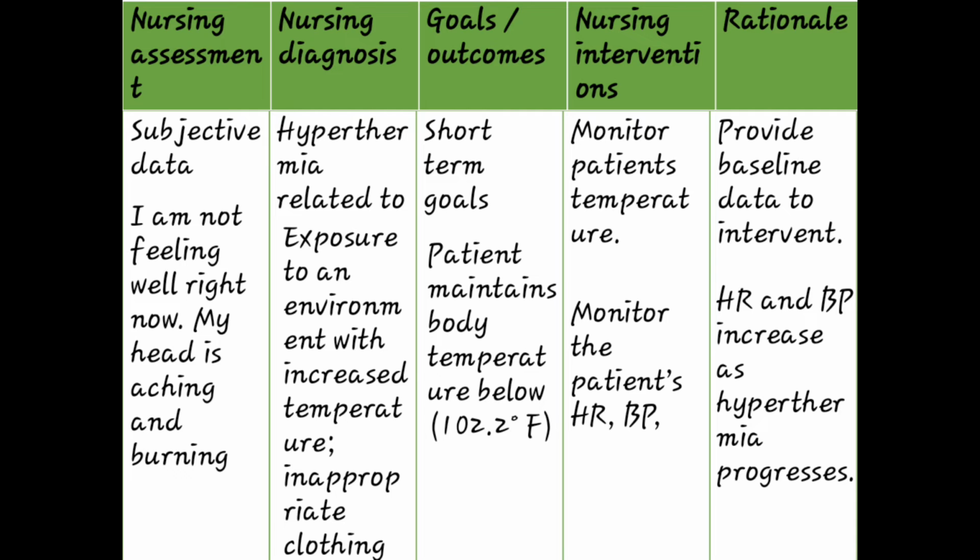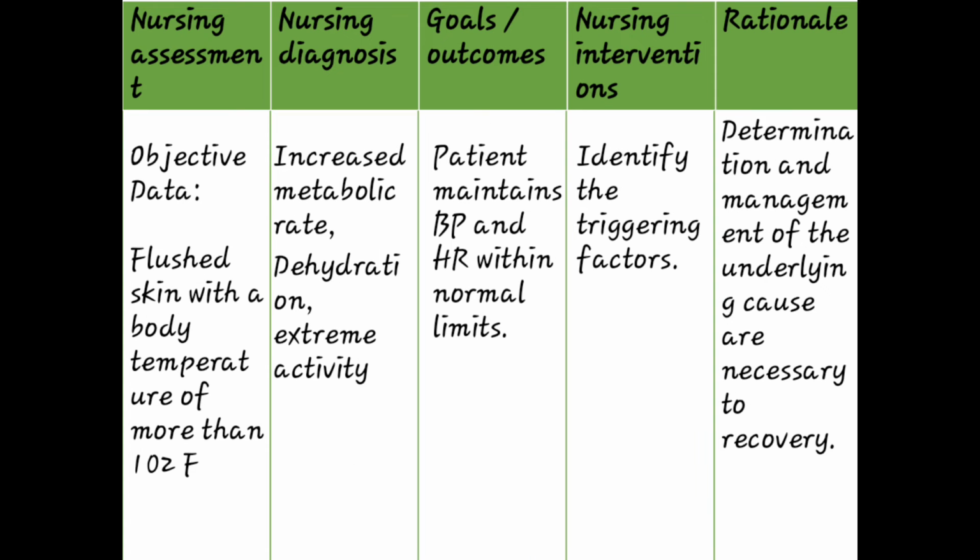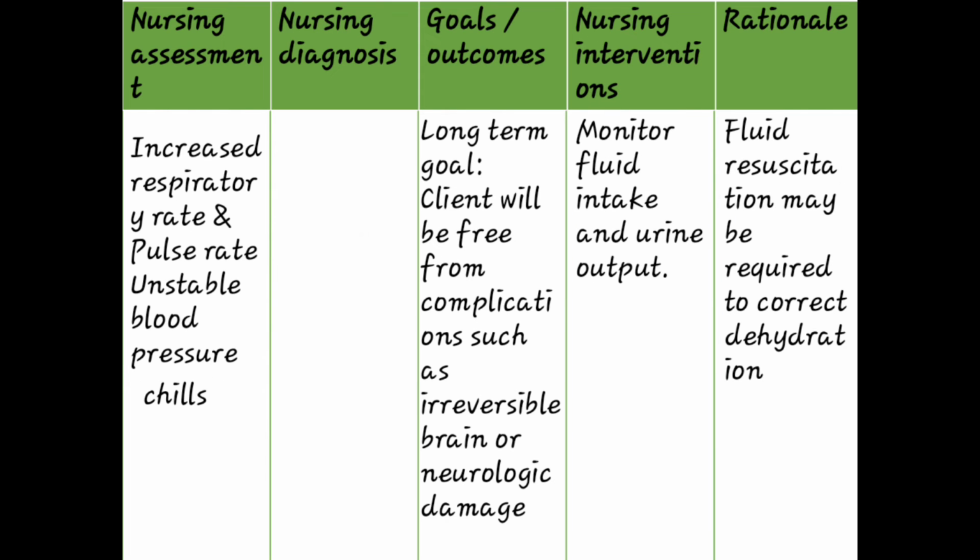The short-term goals for a patient with hyperthermia that I have written here are: the patient maintains body temperature below 102.2 degrees Fahrenheit, and the patient maintains BP and heart rate within normal limits if he or she has a regular BP or heart rate. And the long-term goal here can be: the client will be free from complications such as irreversible brain or neurologic damage related to the hyperthermia or elevated body temperature.